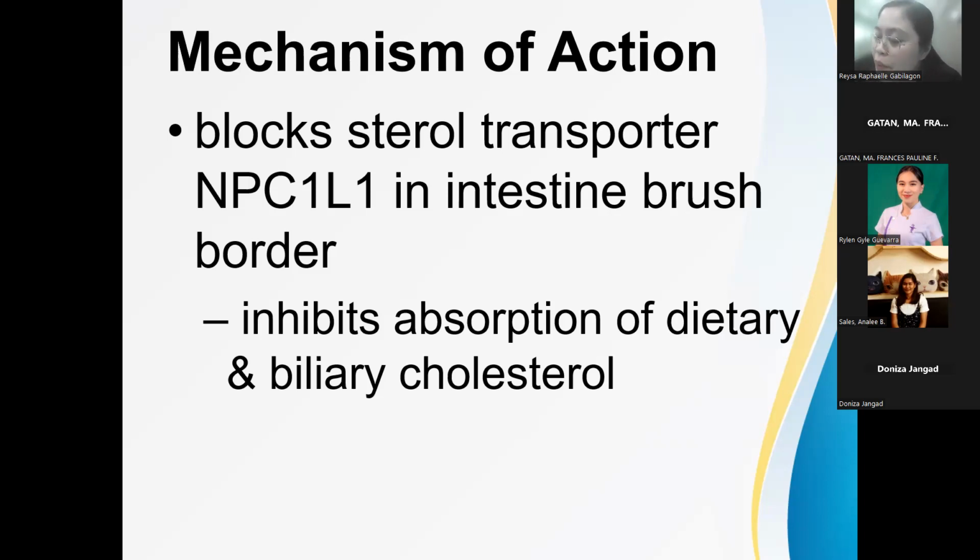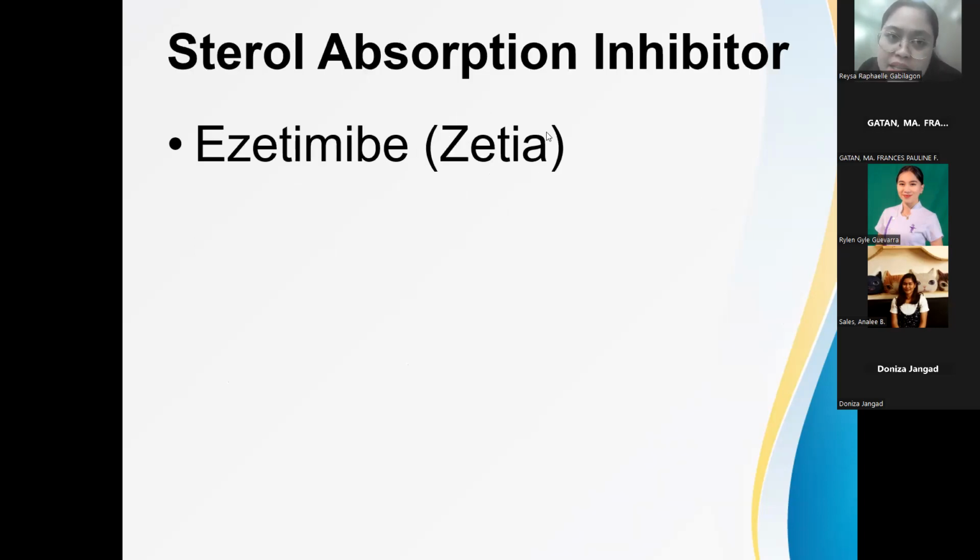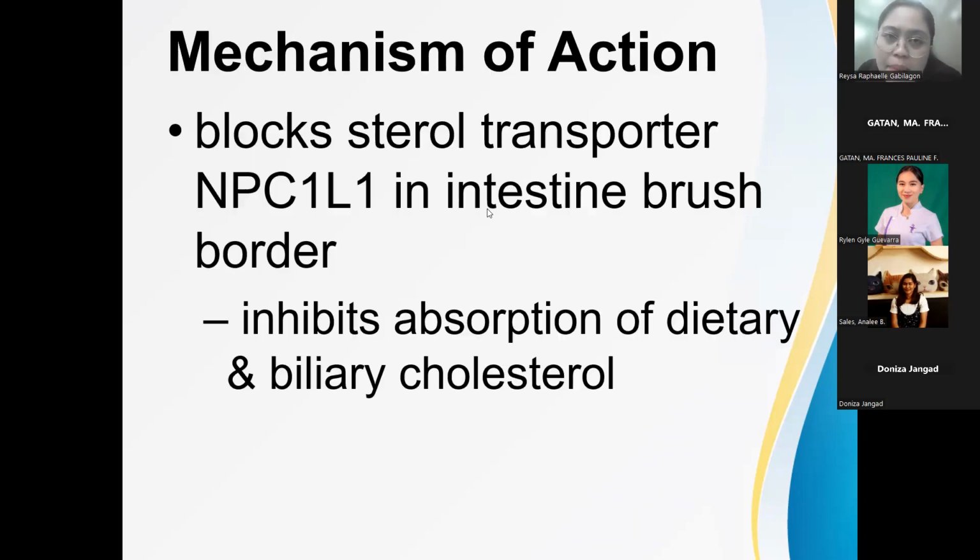This time, for our drugs for hyperlipidemia, ito na yon si ezetimibe, na yung cholesterol na galing sa kinain natin, hindi siya maa-absorb kasi i-inhibit natin yung transporter na magdadala sa cholesterol from the intestine to the blood. Okay, kasi pag umabot yan sa blood, ayun na, tataas na yung ating cholesterol in the body.